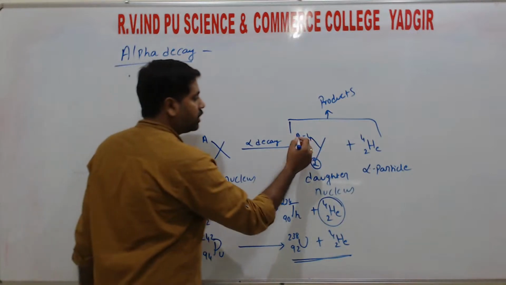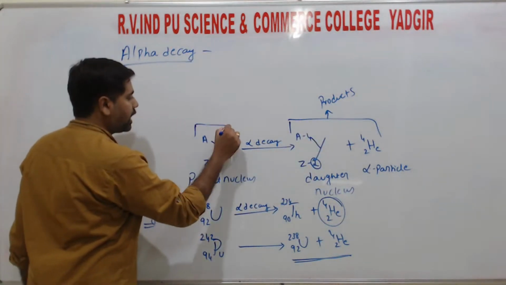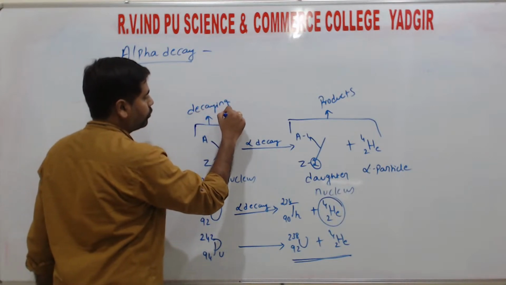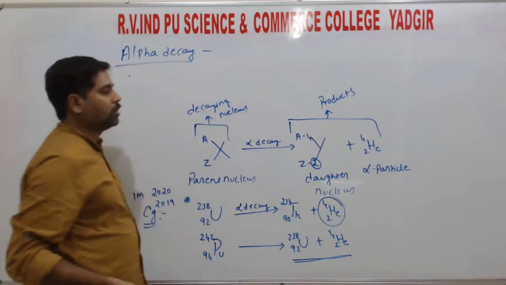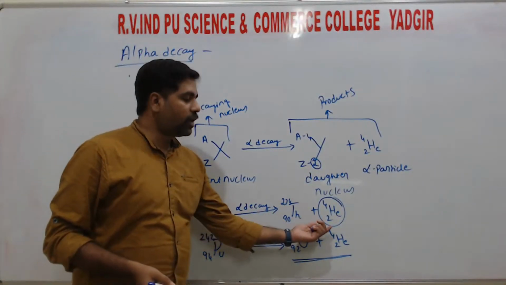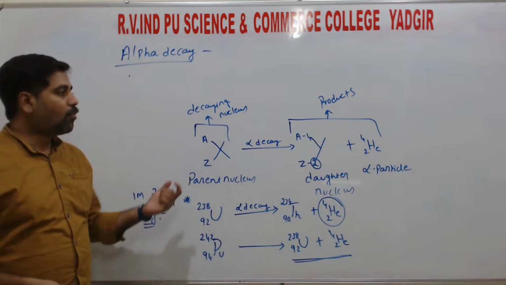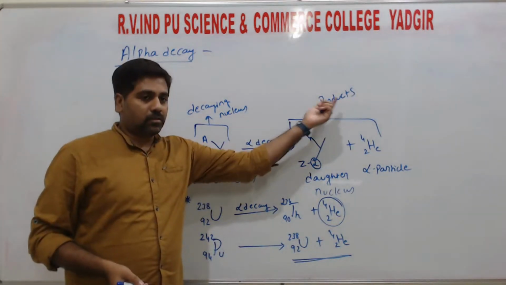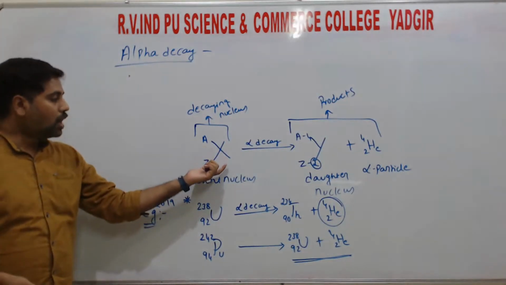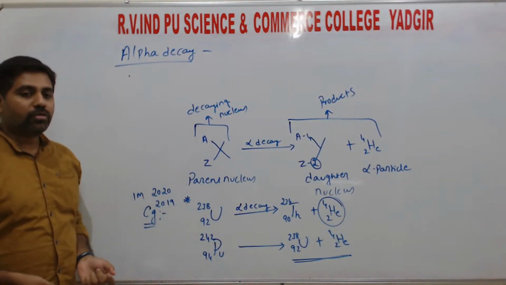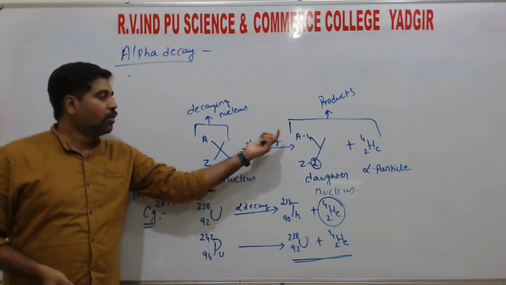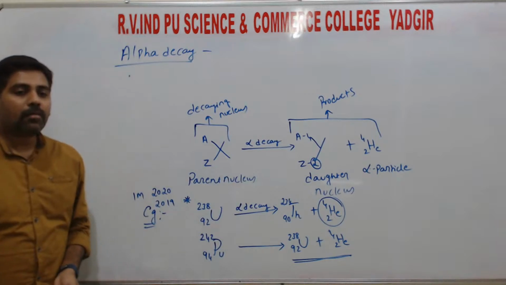So here we are getting the products, and this one we call the decaying nucleus, right? The reason why the emission of the alpha particle takes place is that the mass of the products is less than the initial mass of the nucleus. So that's why the alpha decay takes place. That is the reason for the emission of the alpha particle, right?